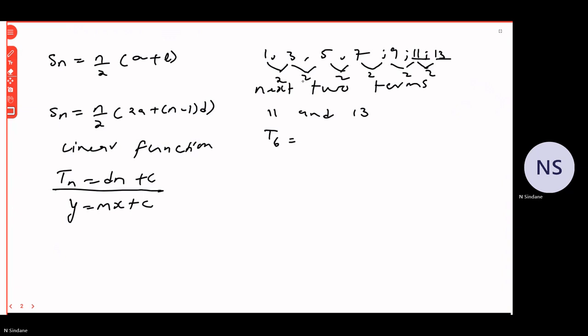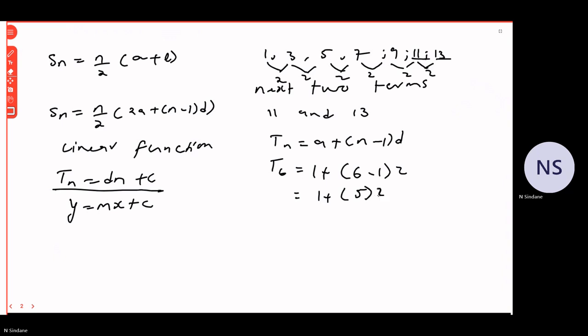Let me write the formula instead of jumping: Tn is equal to a plus (n minus 1) d. I want to know what is T6. T6 is equal to a, which is 1, plus (6 minus 1), and the difference is 2. This gives me 1 plus 5 times 2, which is 10 plus 1, which is 11.